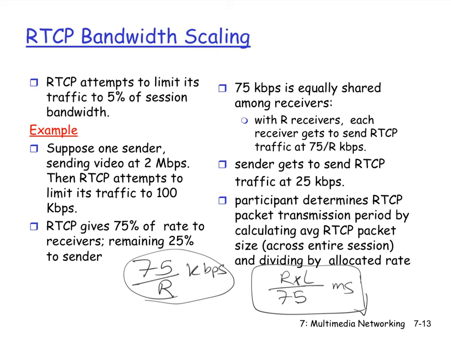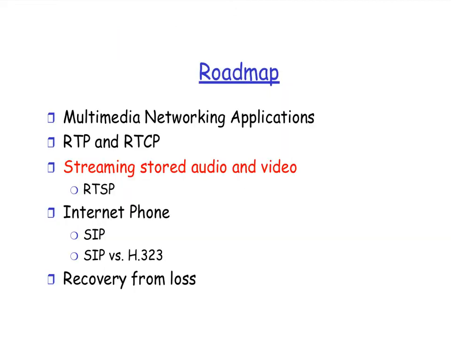So RTCP provides the control part, which together with RTP can facilitate synchronization, can provide packet sequencing to detect packets lost, and can provide some encoder identification to recognize what encoder has been used to encode audio or video, and we have the flexibility to change that over time if needed. Okay? So these are RTP and RTCP.